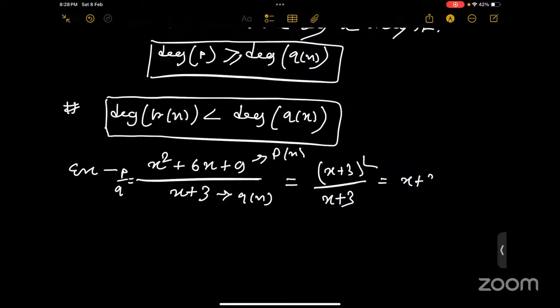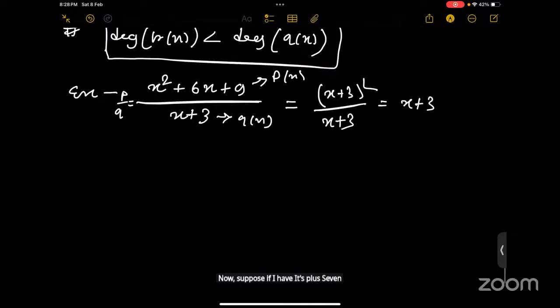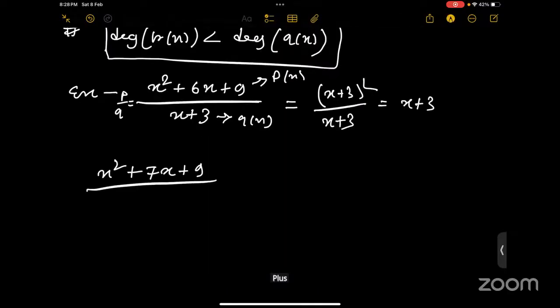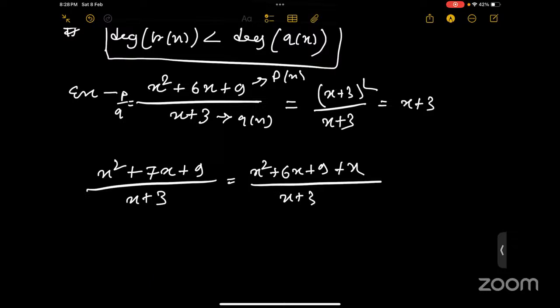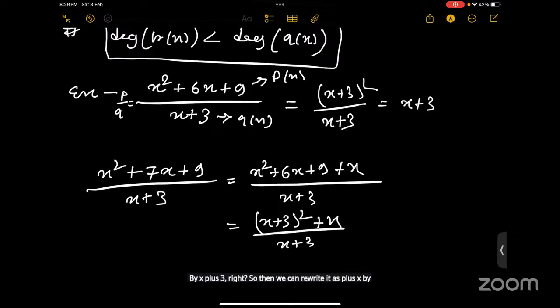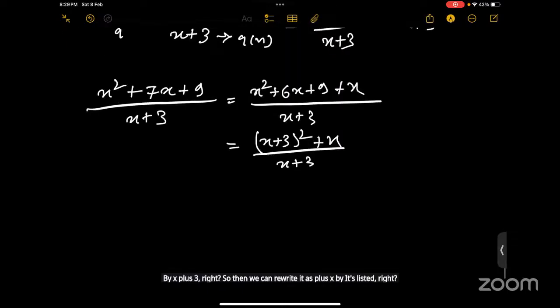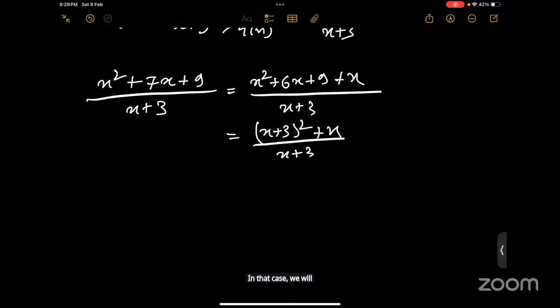Now, suppose I have x squared plus 7x plus 9 divided by x plus 3. Then we can adjust it and we will get 6x plus 9 plus x by x plus 3, right? So then we can rewrite it as x plus 3 plus x by x plus 3. In that case, we will get a remainder, right?